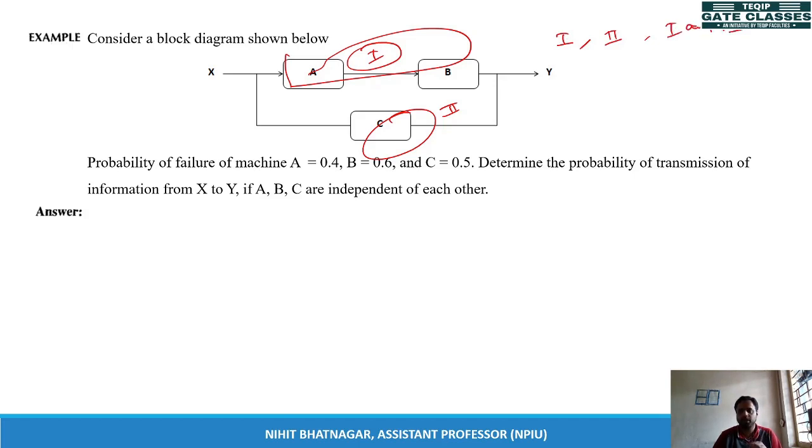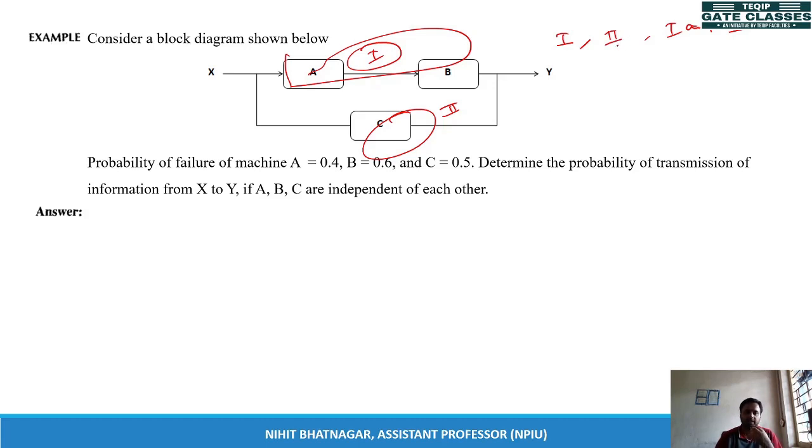Either the first assembly line will work or the second will, or both can work. In all three cases our information can transmit from X to Y.